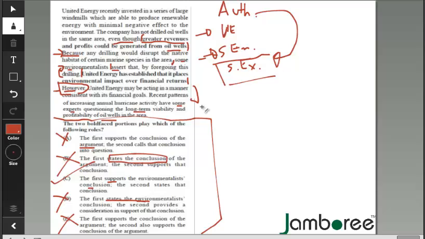So if that is the conclusion, how can this support it? Because this statement is saying that greater revenues and profits could be generated from oil wells. The conclusion is saying that it need not necessarily. So option A and E have the same problem with the first portion, right?